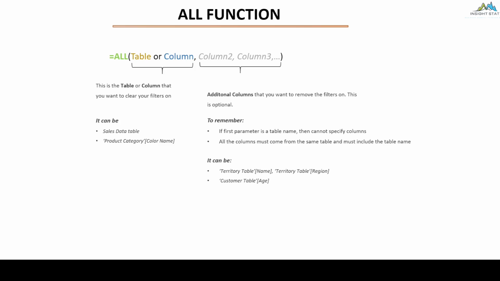So if you look at the examples here, if I'm using the territory name or the territory region, it all comes from the territory table. Similarly, I can pass one column here as well. It can come from the customer table, and the column can be age.